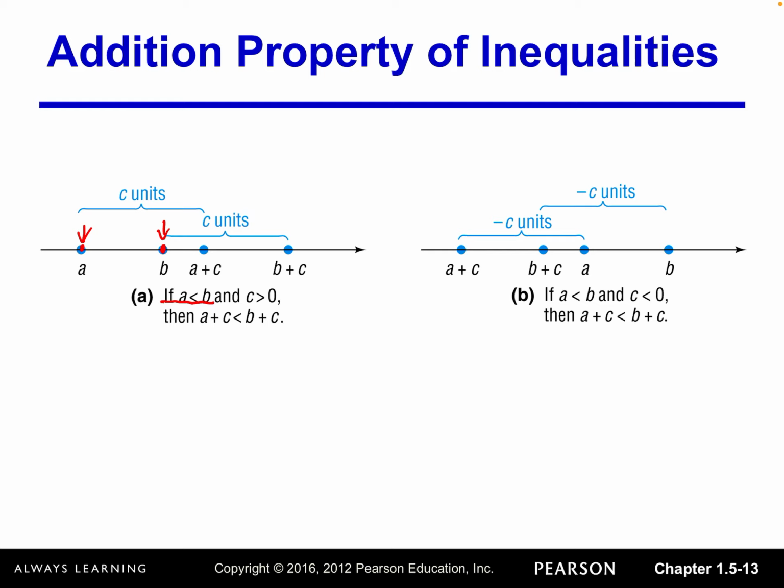If we add C to A, that means from point A we shift to the right by C units, so now this point represents A plus C. And we also shift B to the right by the same number of units. So these two points still have the same relative location, just horizontally shifted to a new position.